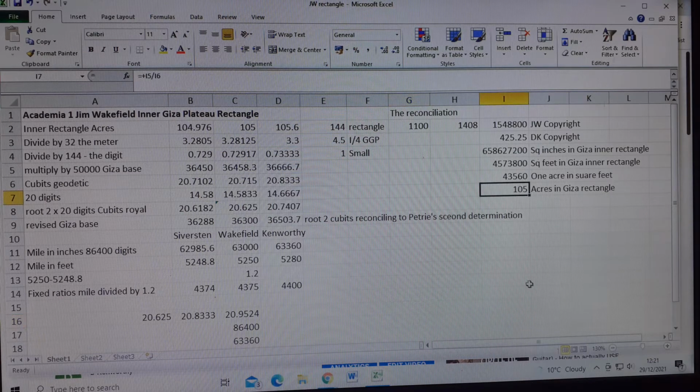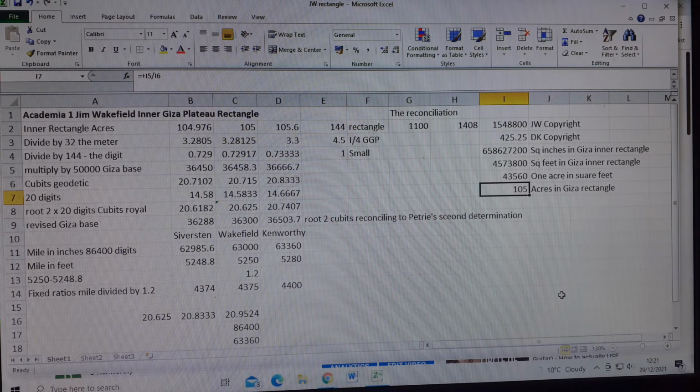And it comes to exactly 105 acres, and that can't be by chance, because Berryman is telling us that the Egyptians were using acres, they were using the imperial system, and they were using a square royal cubit of 20.625 inches, because that reconciles back to the imperial system.